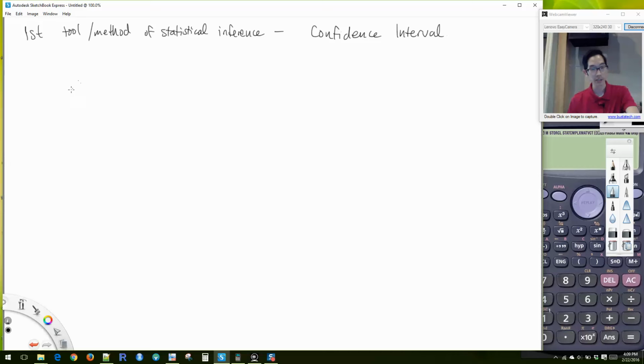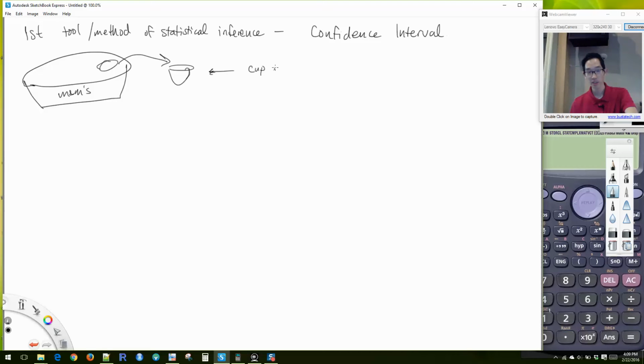Here's the idea. I've got a giant thing of candy, we'll say M&Ms. I'm going to pull out a scoop. Here I have a cup of 100 pieces of candy, and we will say 19 pieces are red.